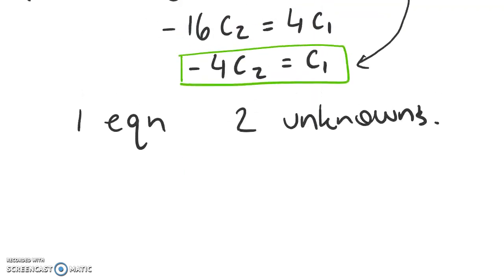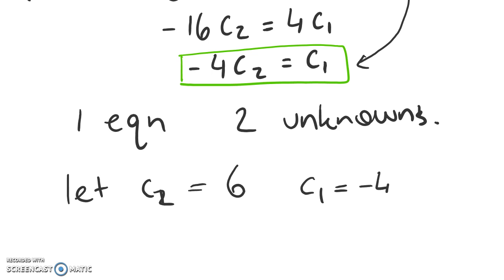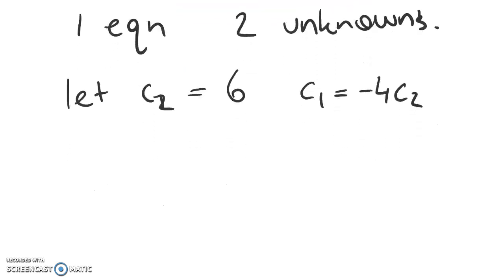Okay. Here we'll let c2 equal 6. If we let c2 equal 6, we know that c1 equals minus 4c2, just from the equations we found above. That means that here, c1 equals minus 4 times 6, which equals negative 24.